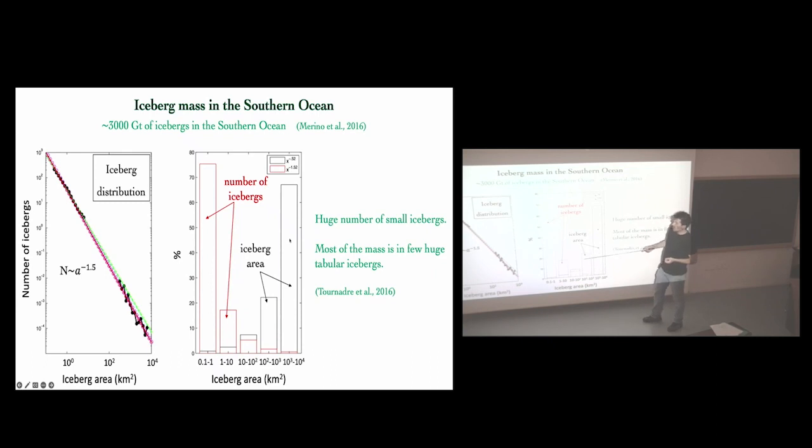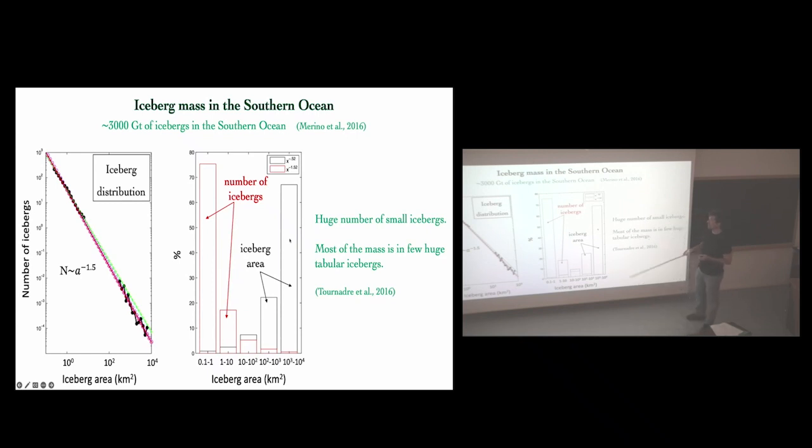Look at the things in red first. In red, the diagram shows the percentage of icebergs for given ranges of iceberg sizes. Approximately 75% of the icebergs are between 0.1 and 1 square kilometers, and very few are between 1,000 and 10,000 square kilometers.